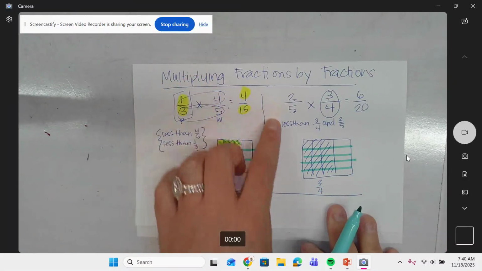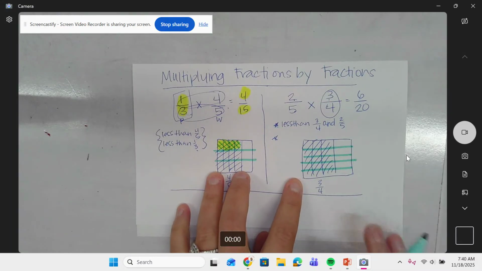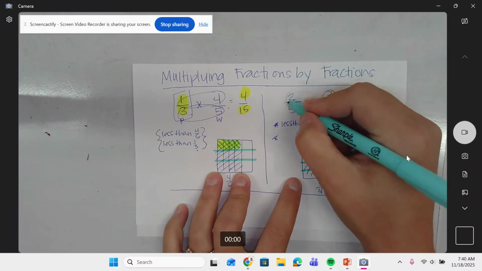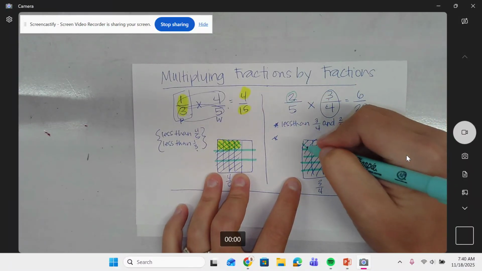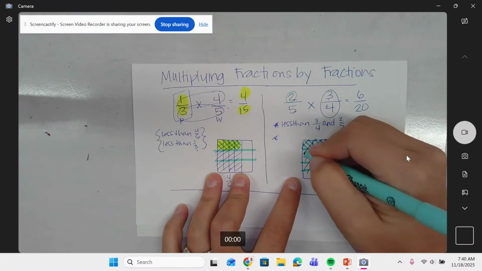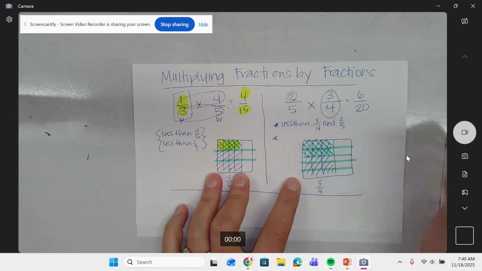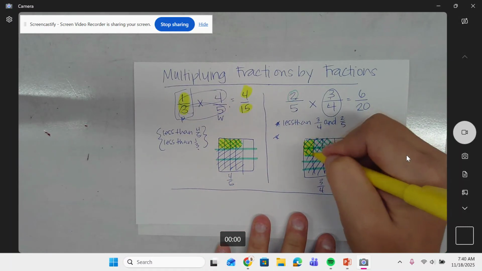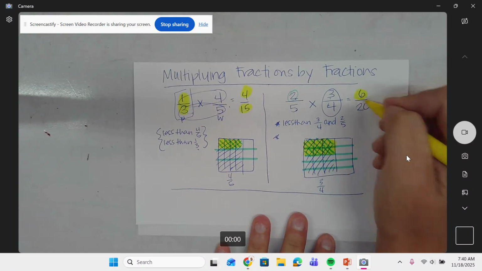And then of these 5 rows that we just made, we want to shade the opposite direction 2 of those 5 rows. So this would be the first row. This would be the second row. And when I do that, I can check my answer of 6/20. I have double shaded 6 units out of how many total?